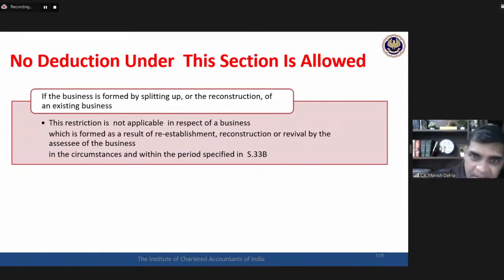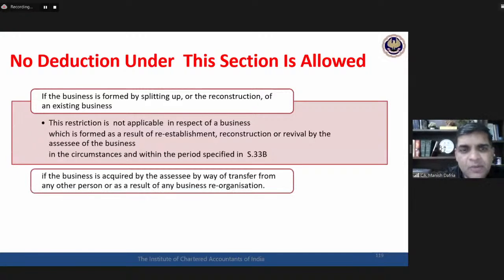But this we already discussed: if the business has been closed down because of any natural calamity, etc., any reason beyond the control of the assessee, and then it has been revived later on, then this will be treated as a proper new business, and 80JJAA will be available.